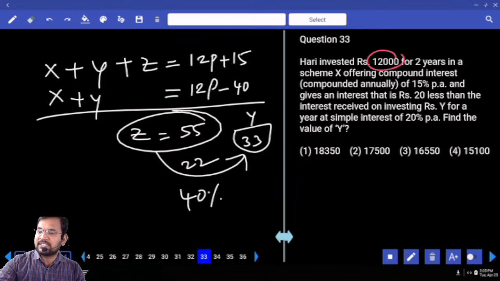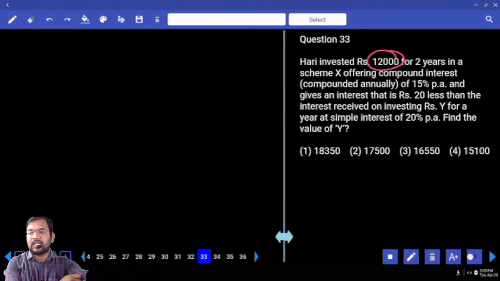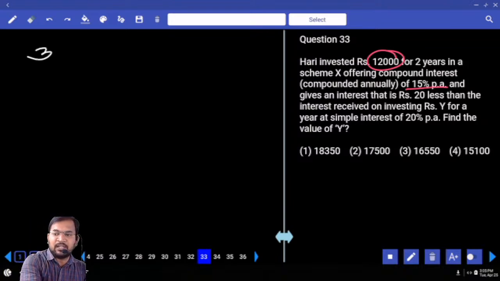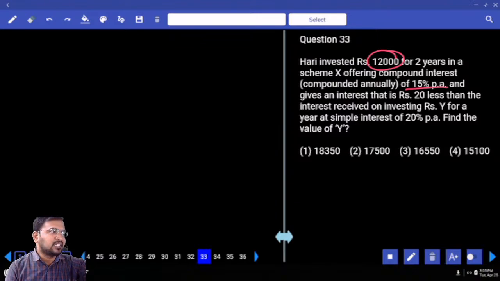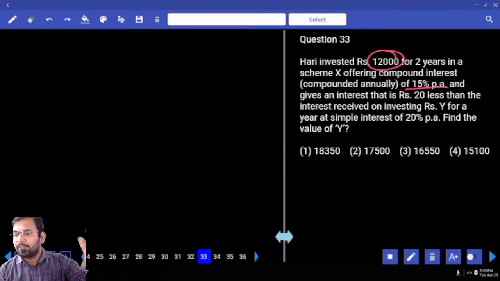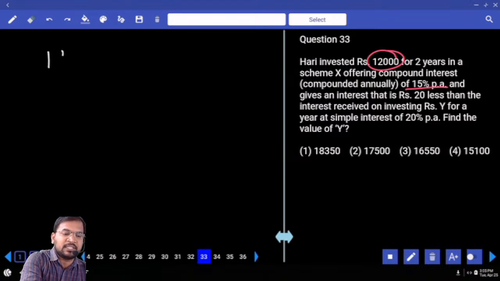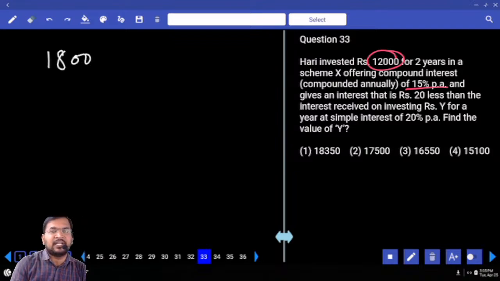So first of all, scheme X is compound interest, 12,000, rate of interest is 15%. The first year interest is 15% on 12,000.